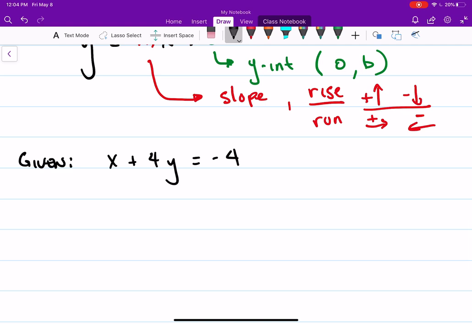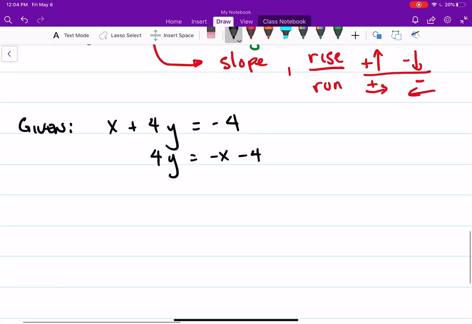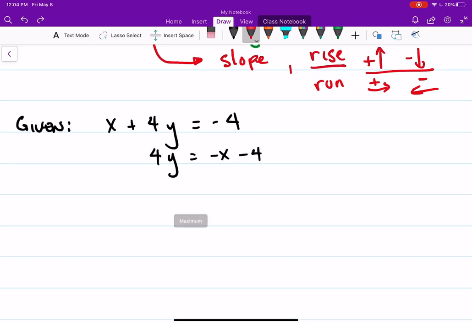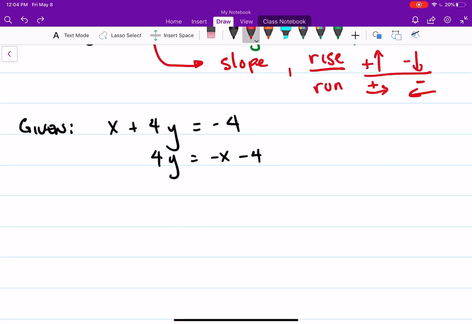All right, so again, I want to solve for y. So that means I got to get rid of this and this. All right, so I'm going to subtract the x over, so I'm going to have 4y equal to negative x minus 4. Okay, so notice that when I roll the x over, I subtract x from both sides. These two are not like terms, so you can't add them together. Then I have to divide by 4.